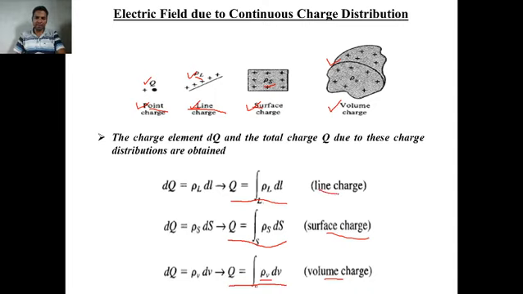Because in case of line charge what is given? q is not given, rho L is given. So, from rho L we can obtain total charge, from rho S we can obtain total charge, or in case of volume charge distribution, rho V is generally given. In that case from rho V we can obtain this total charge inside this total volume.